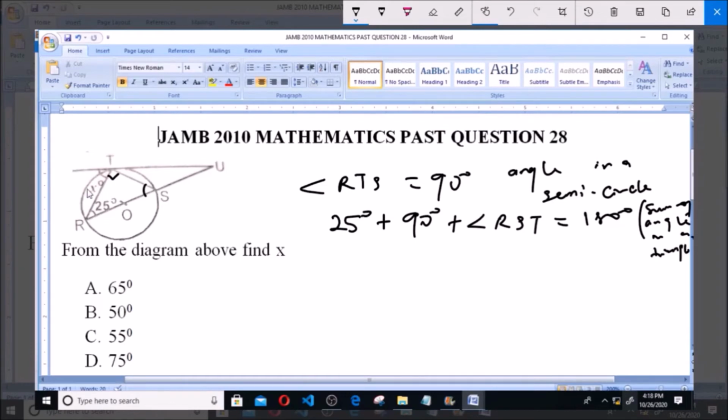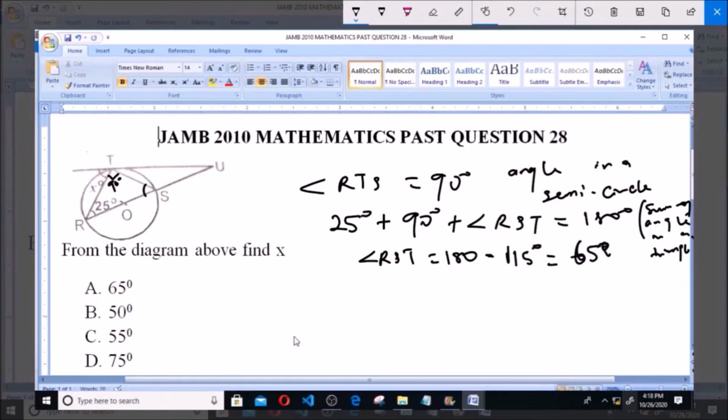Look at it, this is a triangle here. So angle RST plus this 90 degree plus this 25 degrees equals 180 degrees. Therefore angle RST is equal to 180 minus 115 degree, and this is equal to 65 degree. So angle RST is equal to 65 degree.